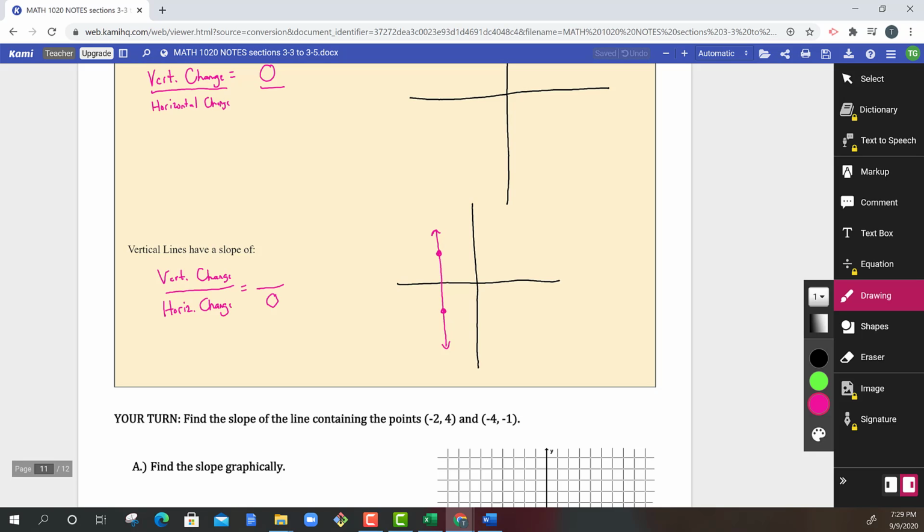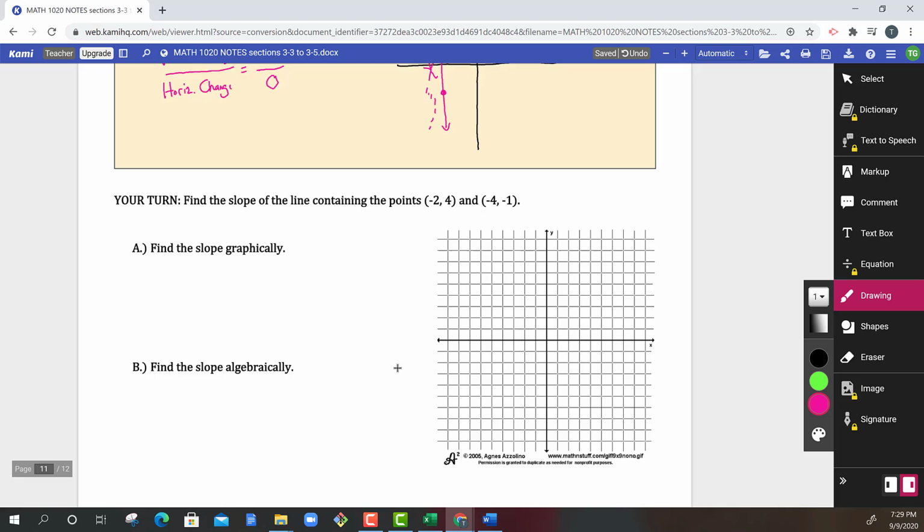So that tells me the horizontal change is 0, and you cannot divide a number by 0. So vertical lines have a slope of undefined. And using that same example, think about trying to walk this hill, and it's going to be a free fall. You cannot walk a vertical line. So undefined slope for vertical lines, slope of 0 for horizontal lines.